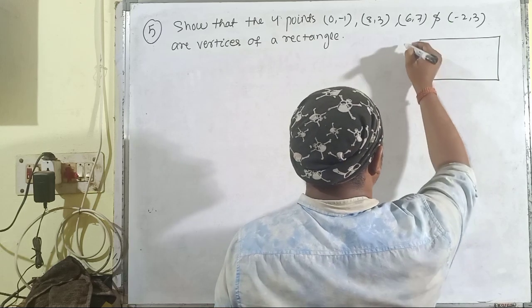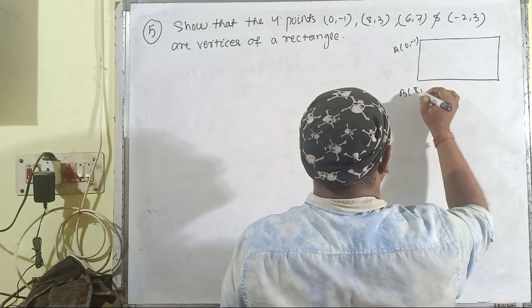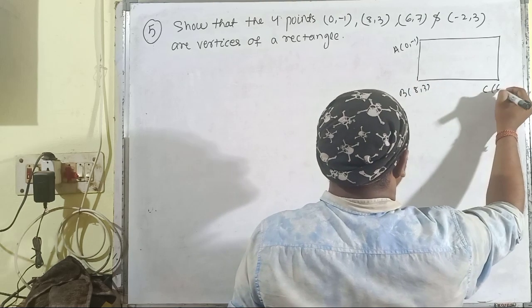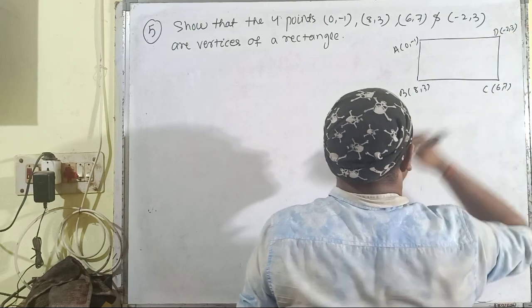So let us go through the proof of problem number 5. So here it is A(0, -1), then B(8, 3), then C(6, 7) and D(-2, 3).